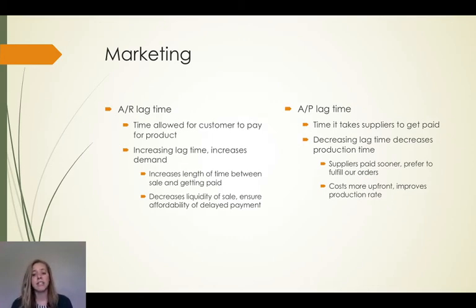Decreasing this lag time decreases our production time, because suppliers will get paid sooner by us and will actually prefer to fulfill our orders above someone else's. It would cost our company more upfront, but may actually improve our production rate. So we will be able to produce products for our customers, for whom we have a higher demand, because our AR lag time has increased.